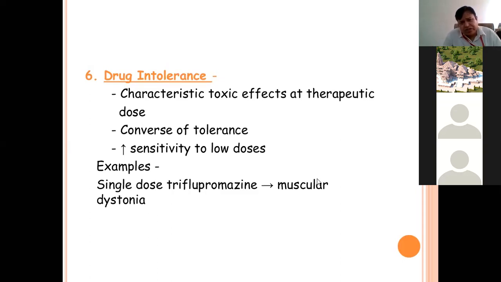In that condition, we have to take care, or we must know the history of the patient, and only then prescribe the drug. It is the converse of tolerance: sensitivity to a low dose. Example, a single dose of triflupromazine causes muscular dystonia or muscular failure.